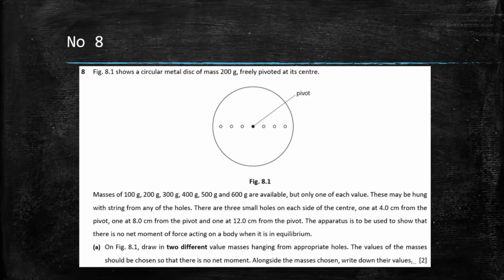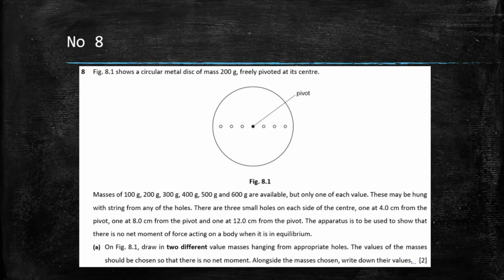There are some possible correct answers for this question, so your answer can vary. The important key to answer this question is to make sure that the mass times distance for the left side of the pivot equals the mass times distance for the right side of the pivot.